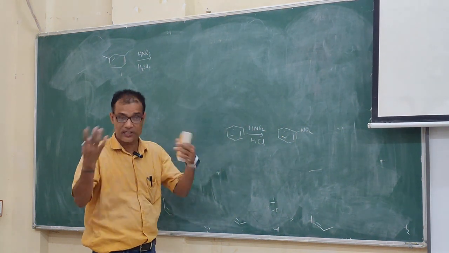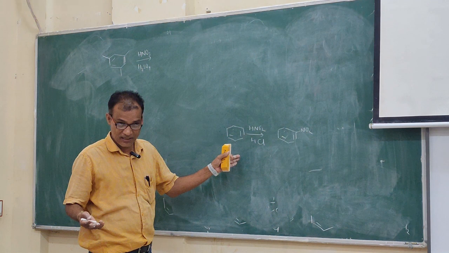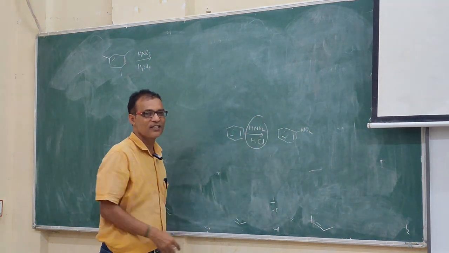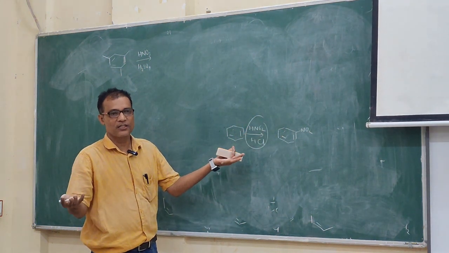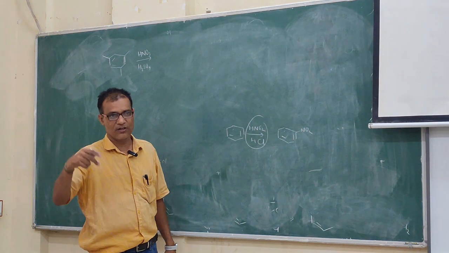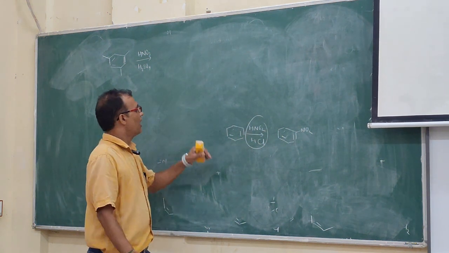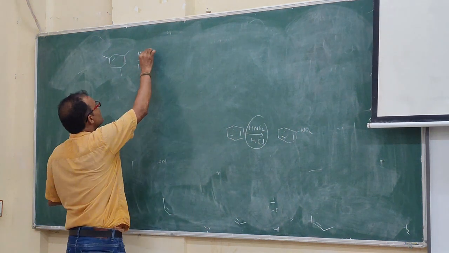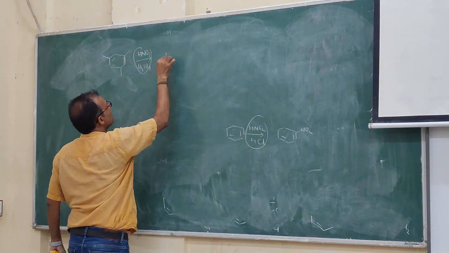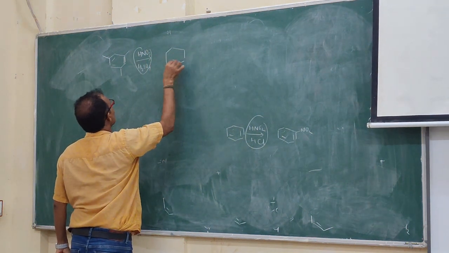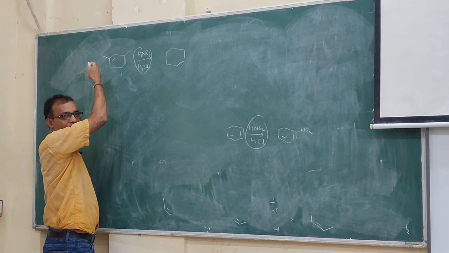If nothing is there, this is a good reagent for NO2 insertion. I will teach this when I go to different types of reactions. Whenever you are using this, NO2 will be introduced because there is no NH2 group, so no chance of diazotization.